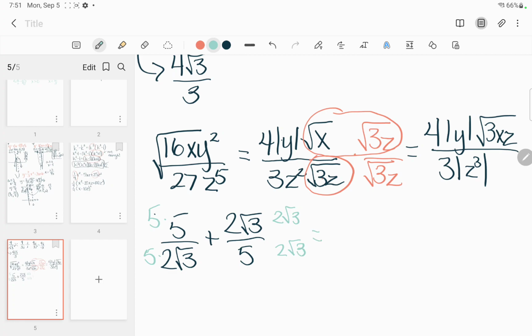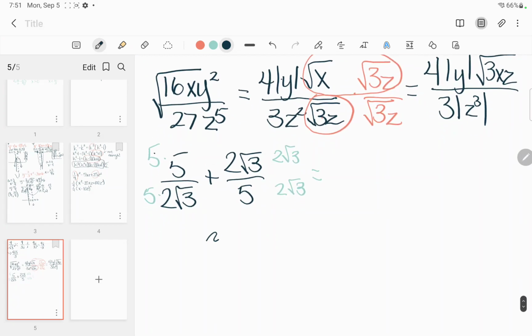Okay, so I'm going to now have 25 over 10 radical 3 plus 12 over 10 radical 3. So this is good. I can add these together.